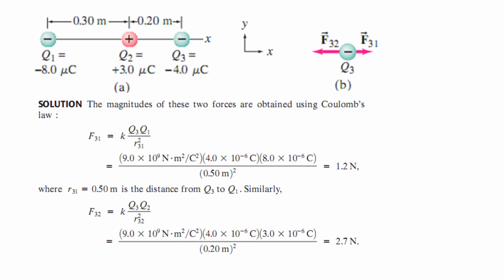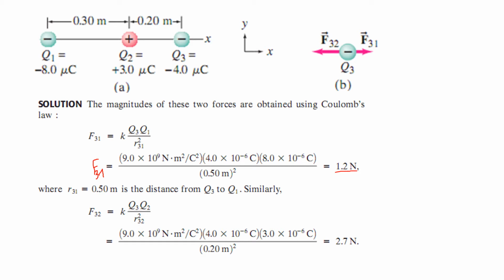Then we see that this force on charge 3 due to charge 1 has a magnitude of 1.2 newtons. This is a force oriented to the right in positive x direction.